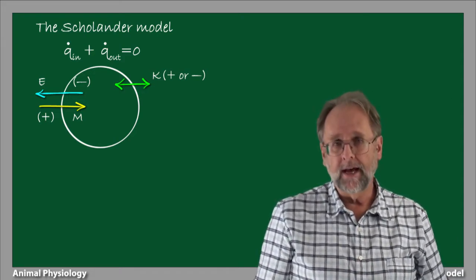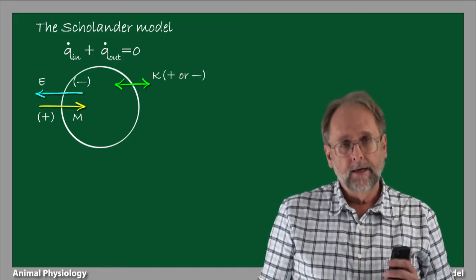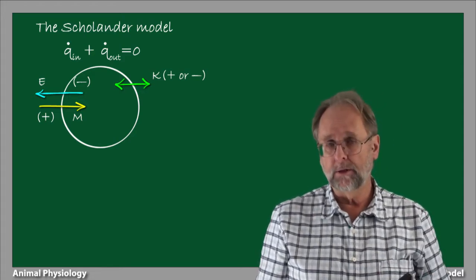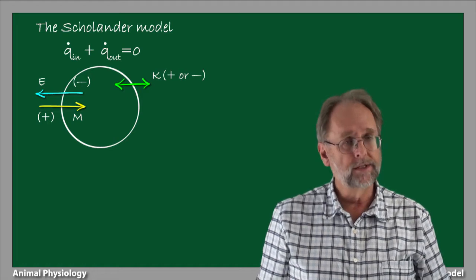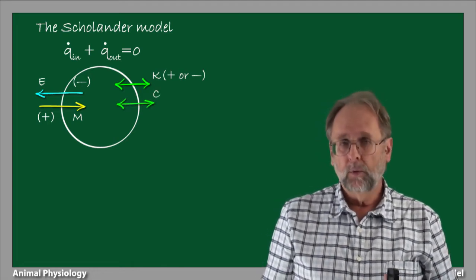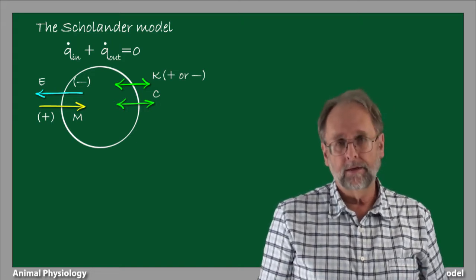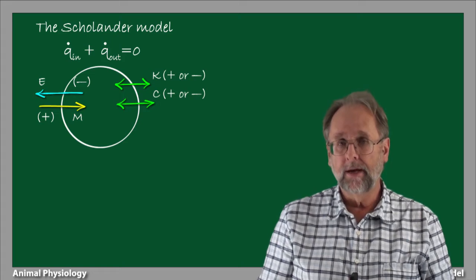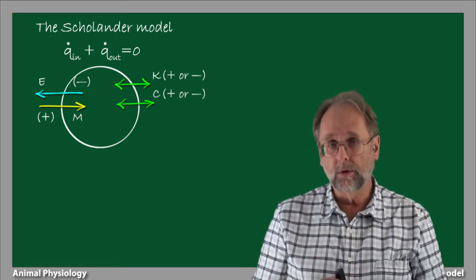We'll symbolize that heat flux with a letter K. If the animal is living in a fluid environment that differs in temperature from its body, there may also be a transfer of heat by the process of convection. We'll symbolize this with the letter C. Like conduction heat flux, convection heat flux can be either positive or negative, depending upon whether the fluid is warmer or cooler than the body.